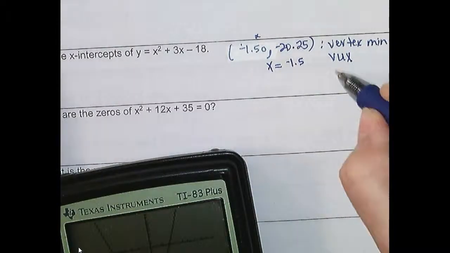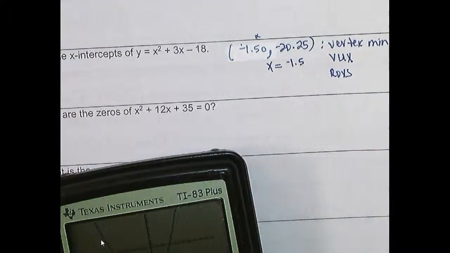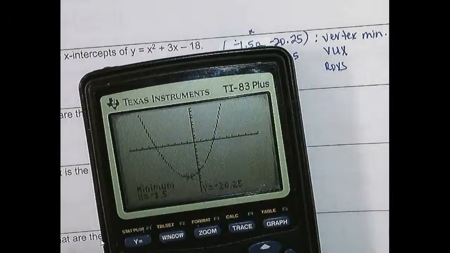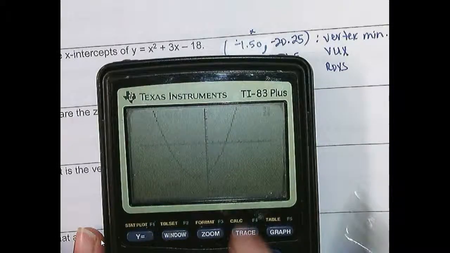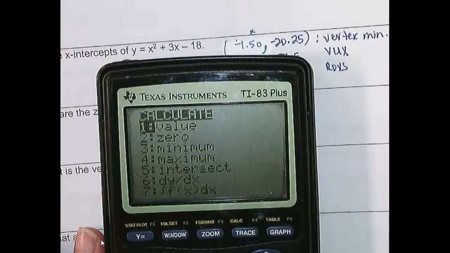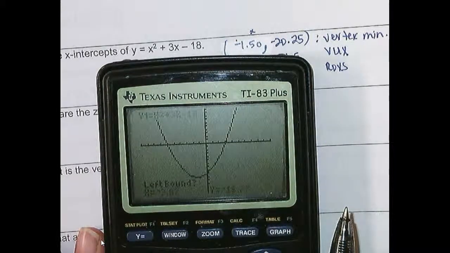So then what about the rocks? The x-intercepts, the roots, the zeros, the solutions. What are those going to look like? Back to the drawing board, or the calculator. So I'm going to go back to second trace. At this point, I want to pick 2 for zeros. And so, again, I need to get up above the x-axis.